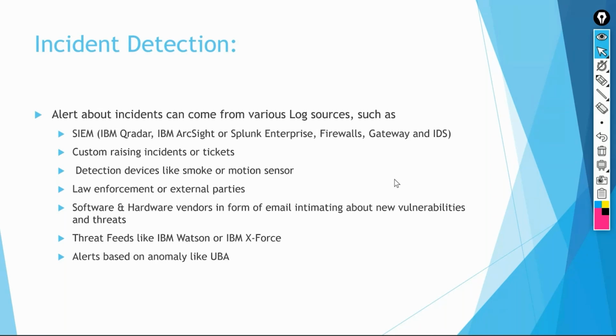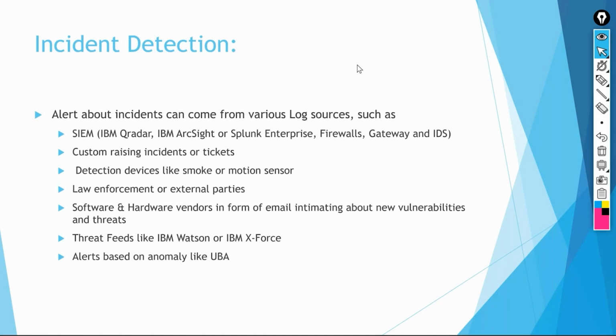One live example: in IBM QRadar, an incident is called a security offense. So an alert about an incident can come from various log sources, if you are using a SIEM, security incident and event manager. Incidents and tickets can also be raised by the existing employees.